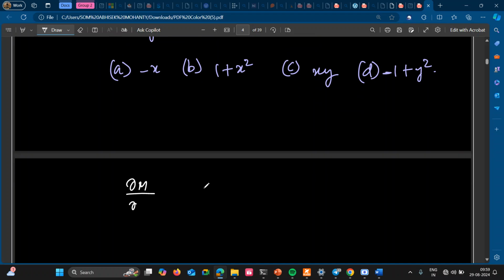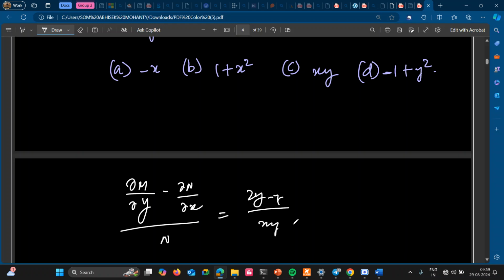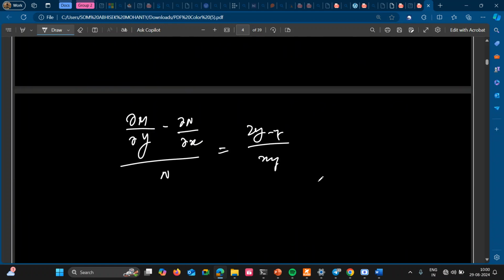Del N by del x whole divided by N. Yeah, if this is a function of x, then let's check: 2y minus y divided by xy. N is xy. So this is what? Minus y by x. Sorry, xy, so minus 1 by x.